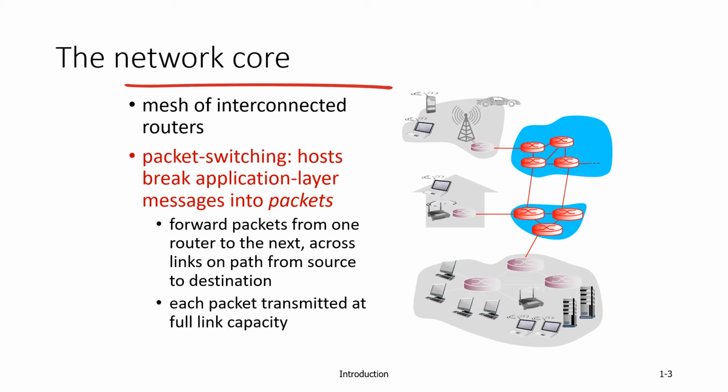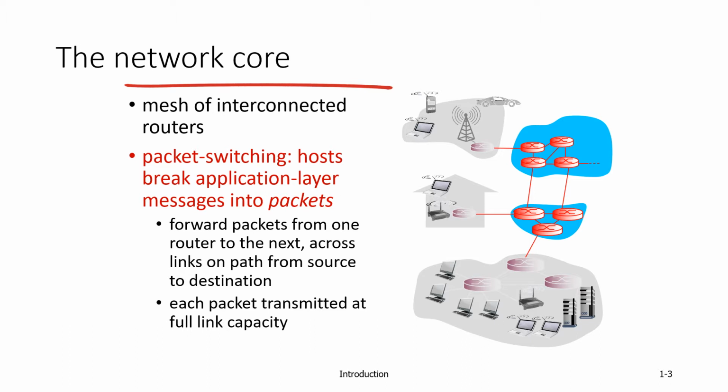There are two terms that can be used to describe the operation of the network. The very first term is called packet switching. What actually happens in terms of data transfer within the core of this network, that is, the routers that interconnect with each other?